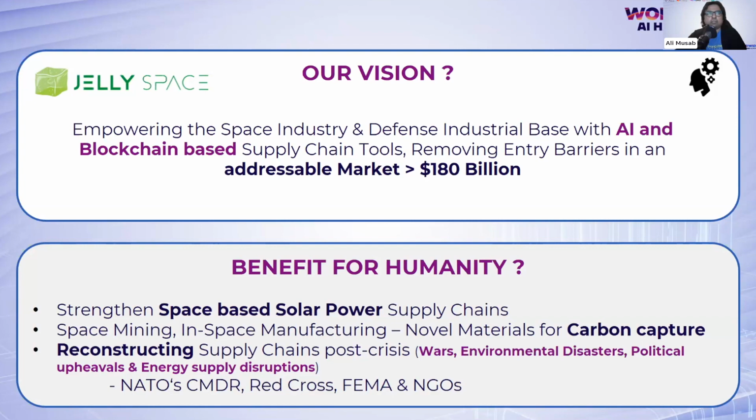The platform as a service can also aid in reconstructing supply chains post-crisis. This includes collaboration with entities like NATO's Crisis Management and Disaster Response Center of Excellence, the Red Cross, Federal Emergency Management Agency, and NGOs during various crisis scenarios, from wars such as the ongoing Ukrainian-Russian conflict and environmental disasters to political upheavals and energy supply disruptions.